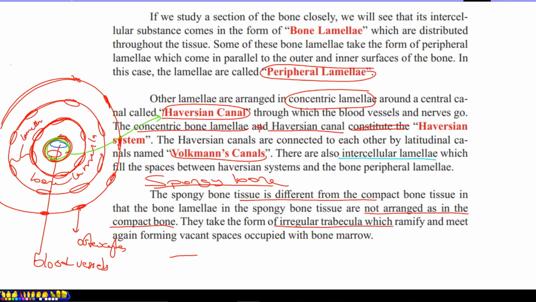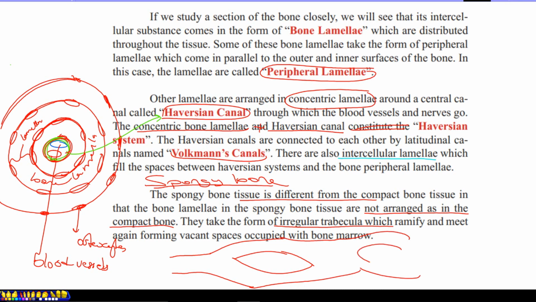So as the bone tissue extends, this lamella separates from another, and this ramification or branching meets and separates again. During this meeting and separation, spaces are found in the bone tissue, and these spaces give the tissue the appearance of a sponge, so we call it spongy bone tissue.